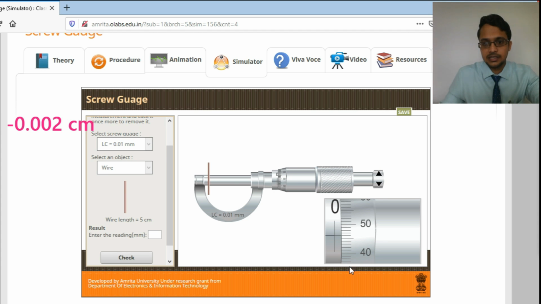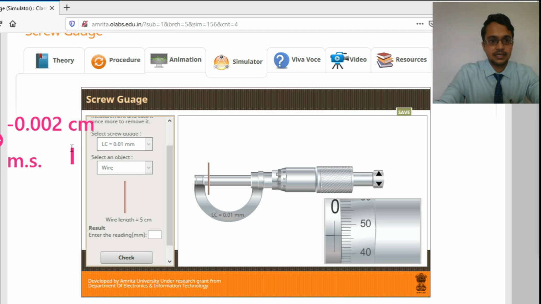Here again we can see the 0 value only, so main scale reading will be 0.